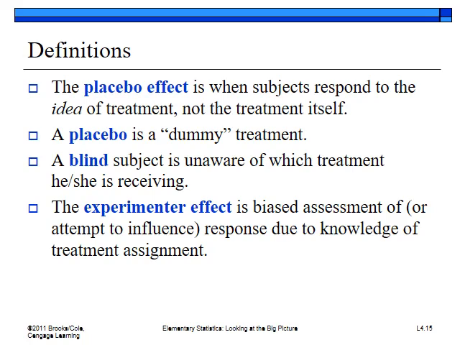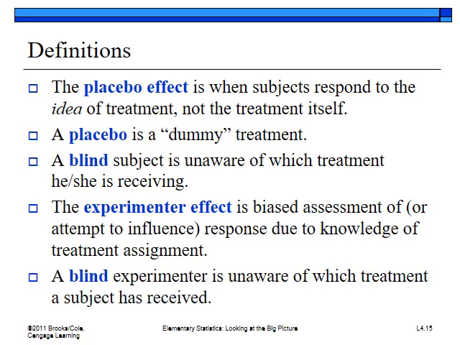The subjectivity of that opens the door for the researcher to report maybe better results for those in the treatment group than for the control group. A blind experimenter is an experimenter or researcher who doesn't know which group a subject is in when collecting data.